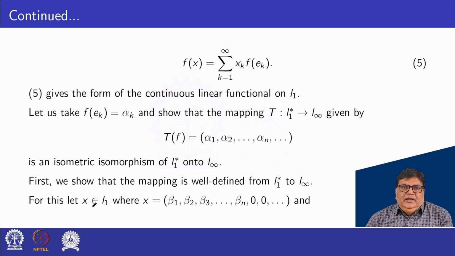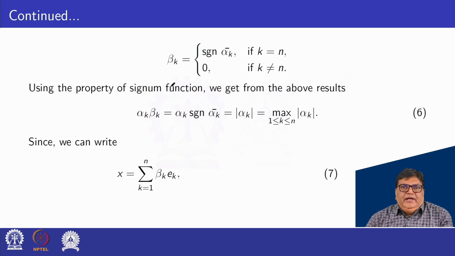For this, let x belong to L1, where x is equal to beta 1, beta 2, beta 3 and so on, beta n, and after these n terms 0, 0, 0 and so on, and beta k is defined as the signum function of alpha k bar if k is equal to n, and if k is not equal to n, it is 0.